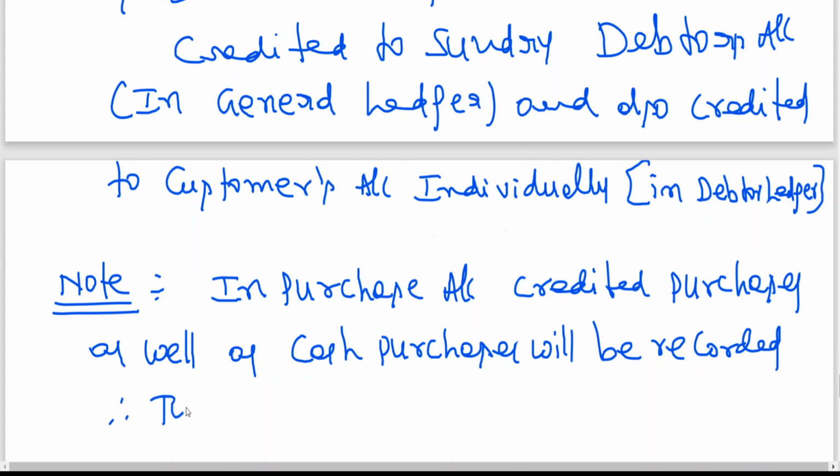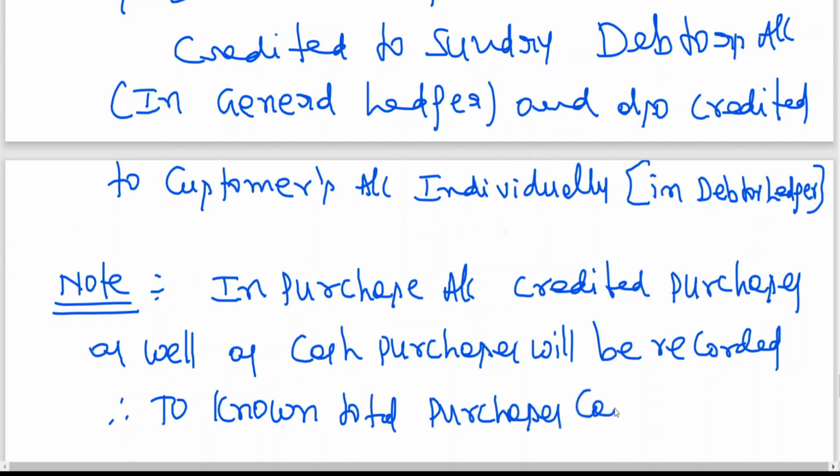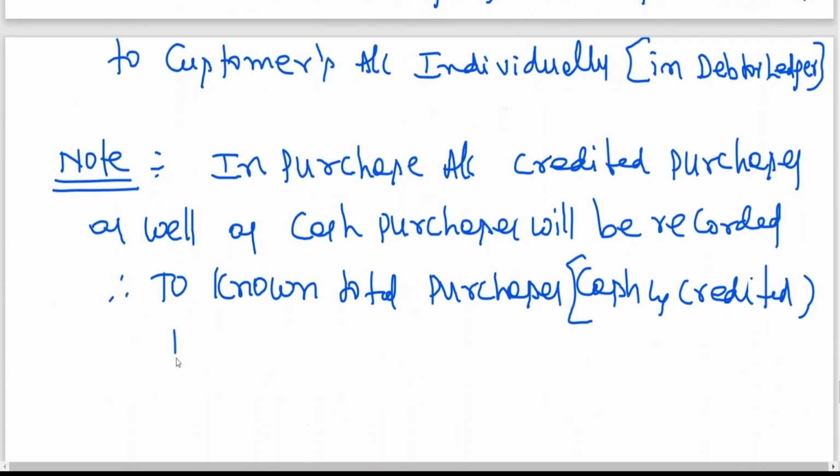Therefore, to know total purchases, cash and credit, purchase account is to be opened. This I have already told you.